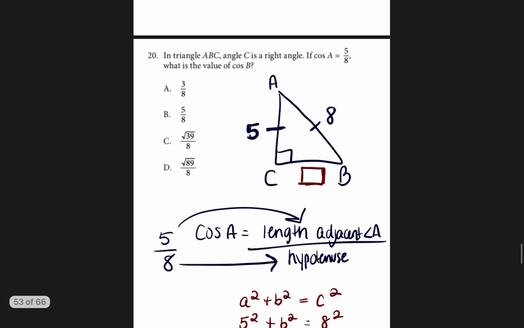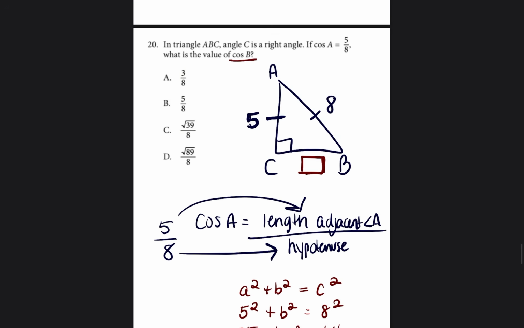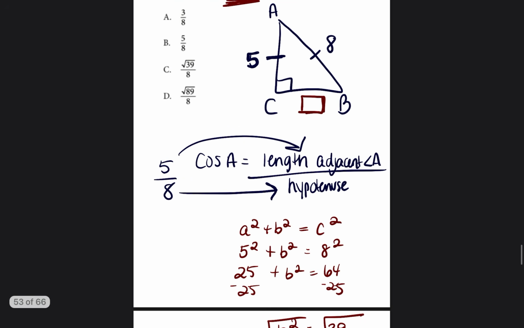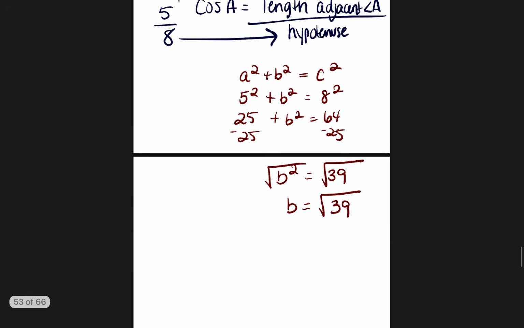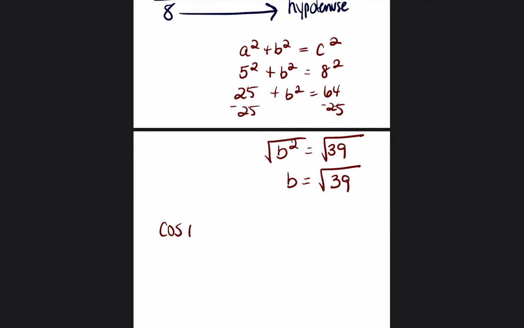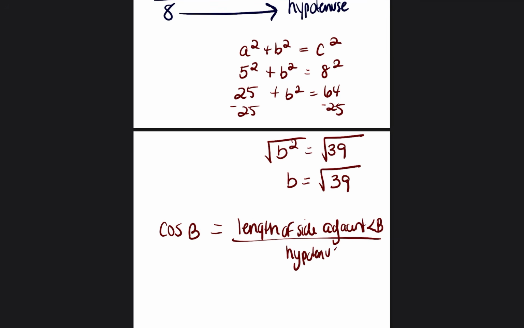So now they're asking us, what is the value of cosine B? So now that we know that this missing side is the square root of 39, we can figure out what the cosine of B is. And the reason why we can figure out what cosine of B is because we're supposed to know this, so write this down in your notes. Cosine of B is the length of the side that's adjacent to angle B over the length of the hypotenuse.